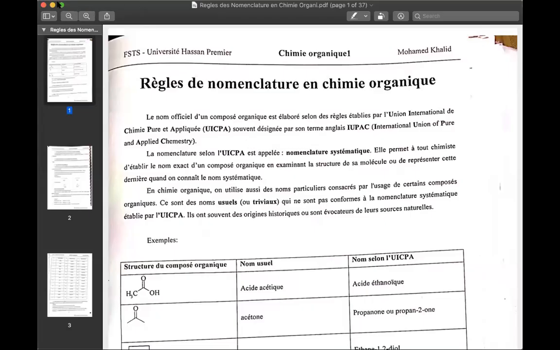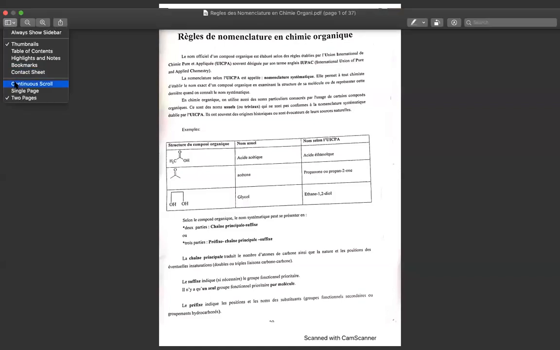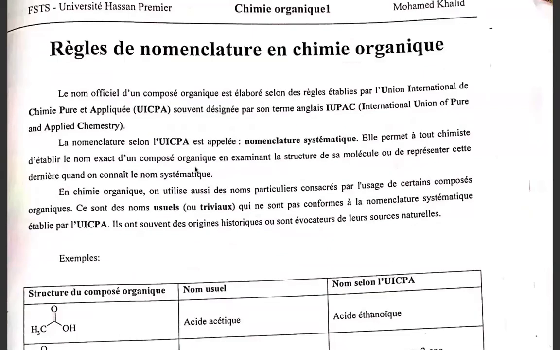Voilà. So, is it clear? Is it visible? It's visible now.